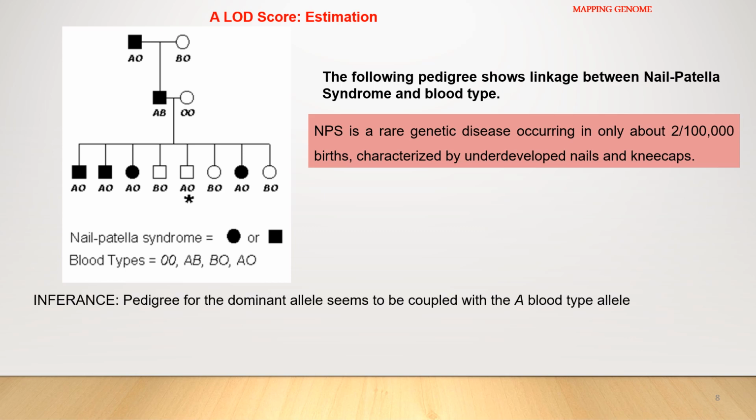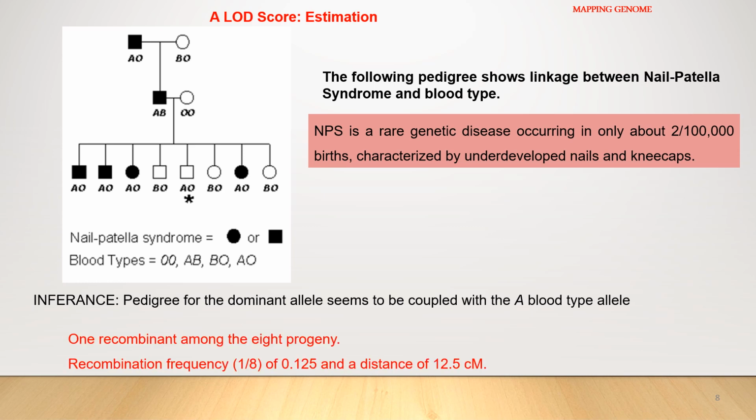Therefore, this individual can be considered as a recombinant type. So, when we calculate the recombinant frequency out of 8 progenies in the third generation, one is a recombinant.